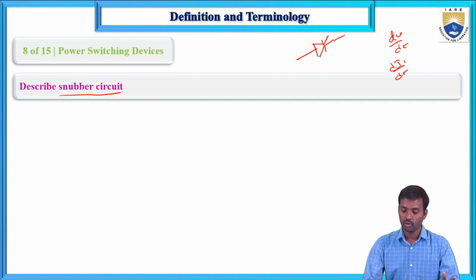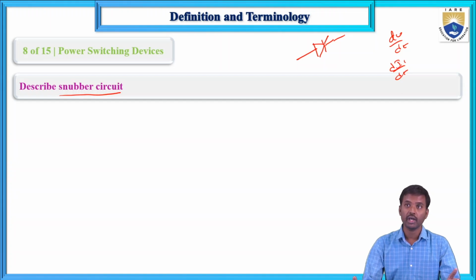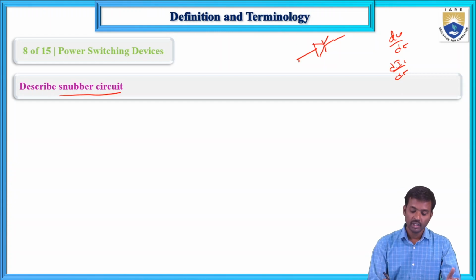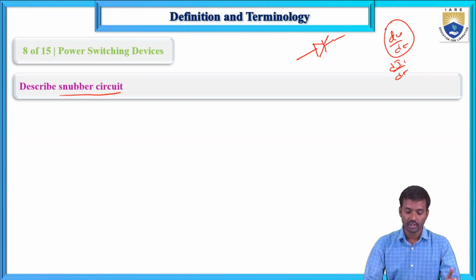For over voltage protection we will use some components, and for over current we will use fuses. For dV by dt protection we will use one circuit, that is the snubber circuit.